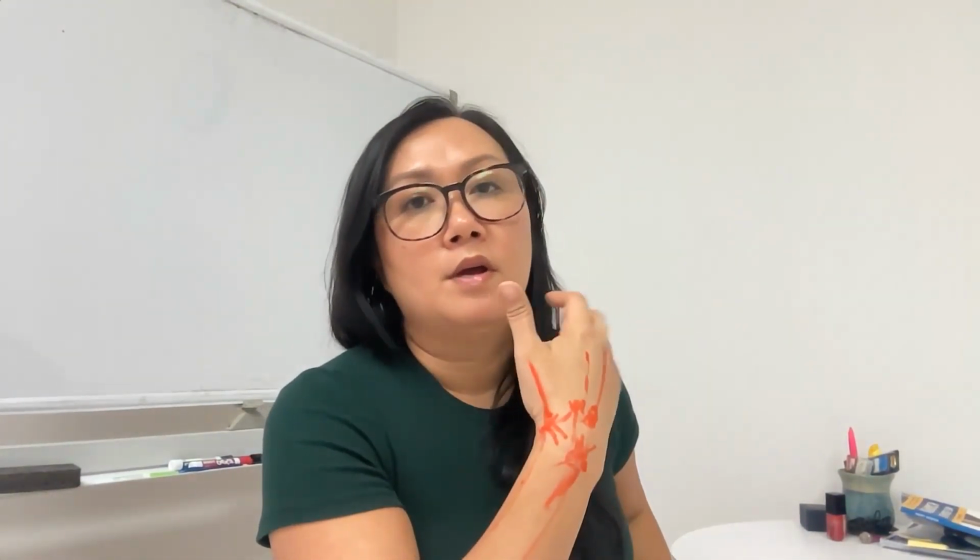So let me share with you some tips about if you fall on the hand and you think it could be a scaphoid. Your thumb tends to hurt. Like if you go and do something and your thumb hurts, you might have a scaphoid fracture. I actually had a friend, a physical therapist, who fell and hurt her wrist. She went immediately to urgent care, got x-rays, and they said, oh, you're not broken.